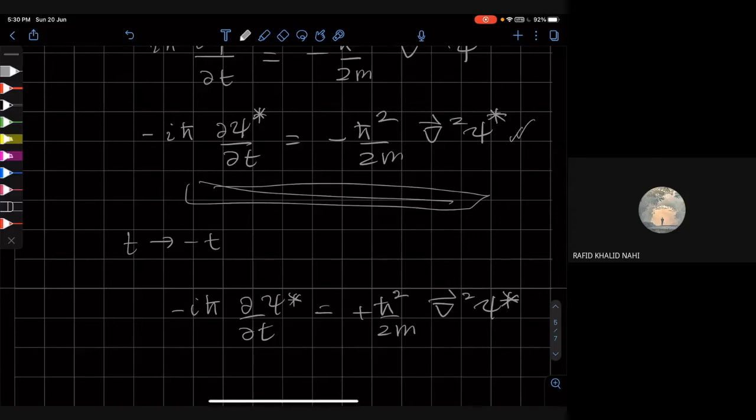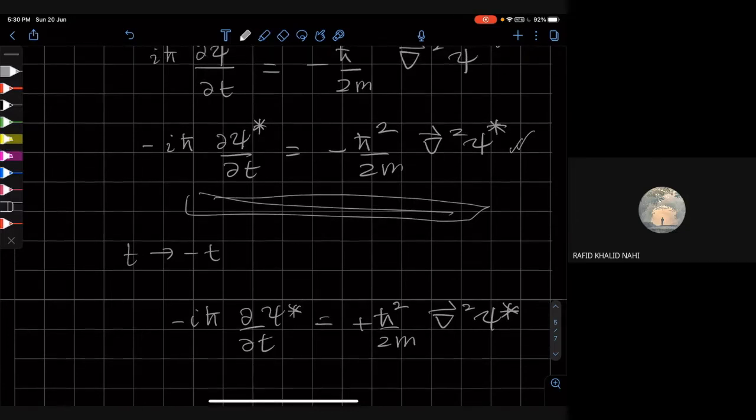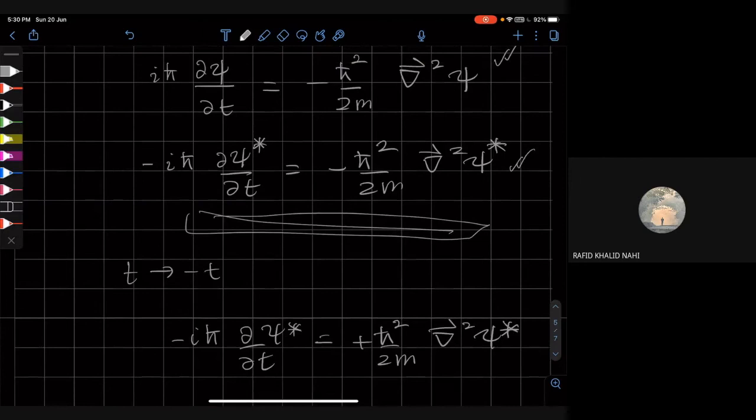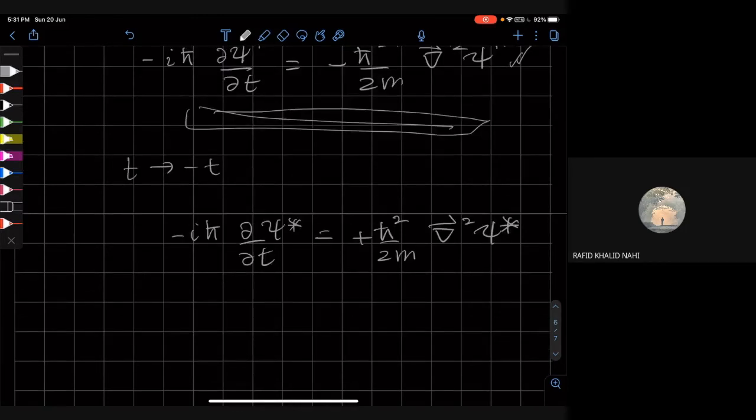So we see that the Schrodinger equation gives us some physical state psi, and it evolves it forward in time, but it evolves the complex conjugate of this as well. But the price we have to pay is that we have to take t to minus t.